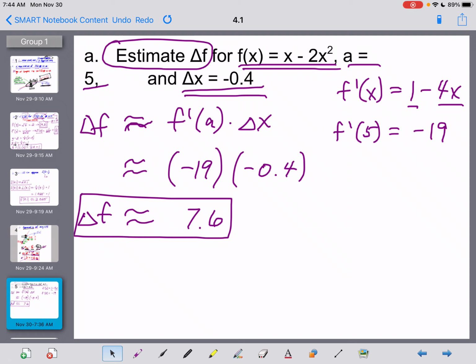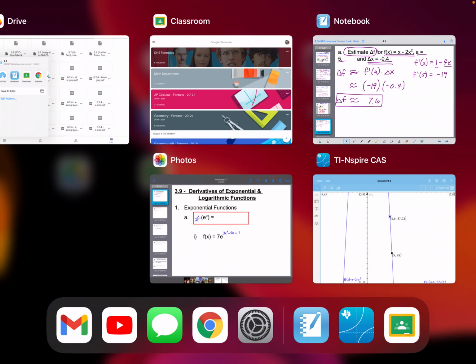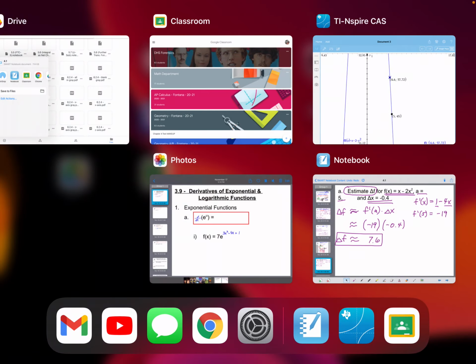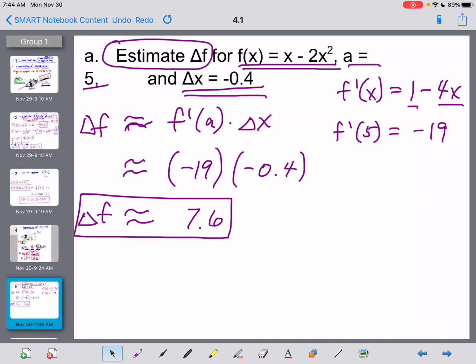And what we came up with here, guys, was that our change in y was approximately 7.6 units. Well, if we take a look at these two y coordinates, we've got negative 37.72, let me write that down, and a negative 45. And if I were to subtract those two numbers right there, the minus negative right here would just become a plus.